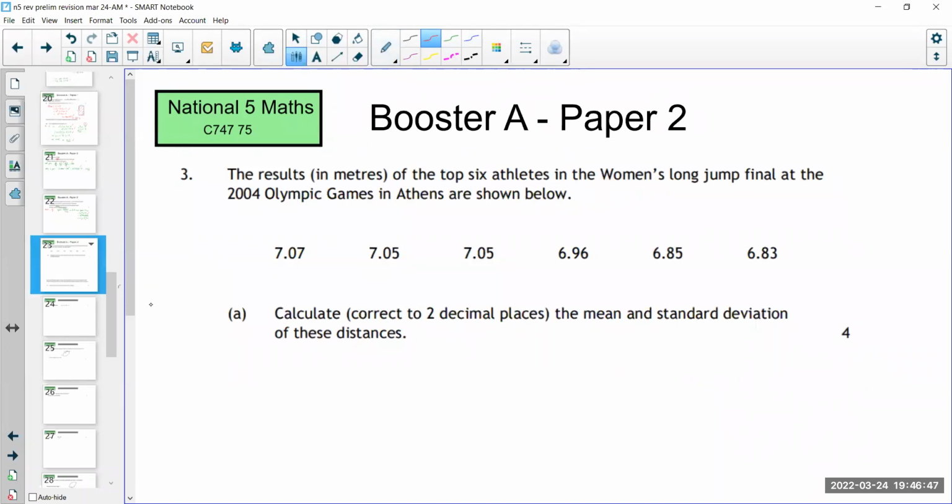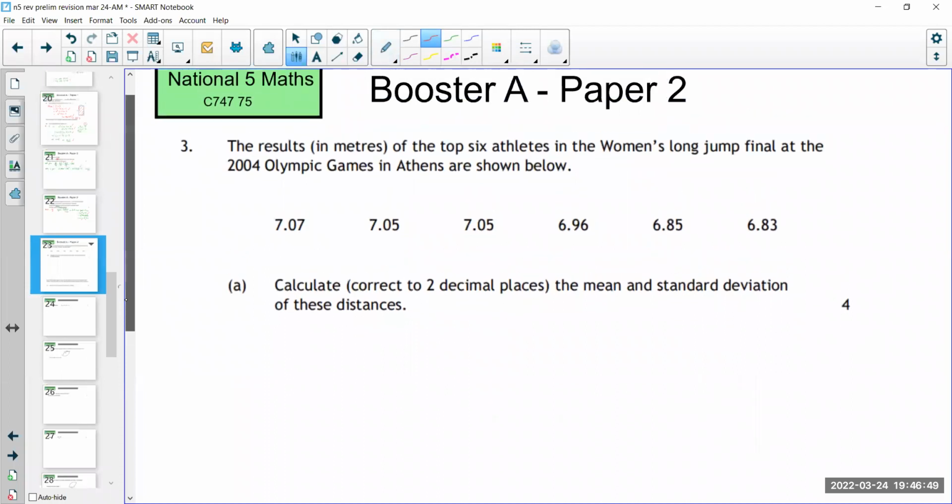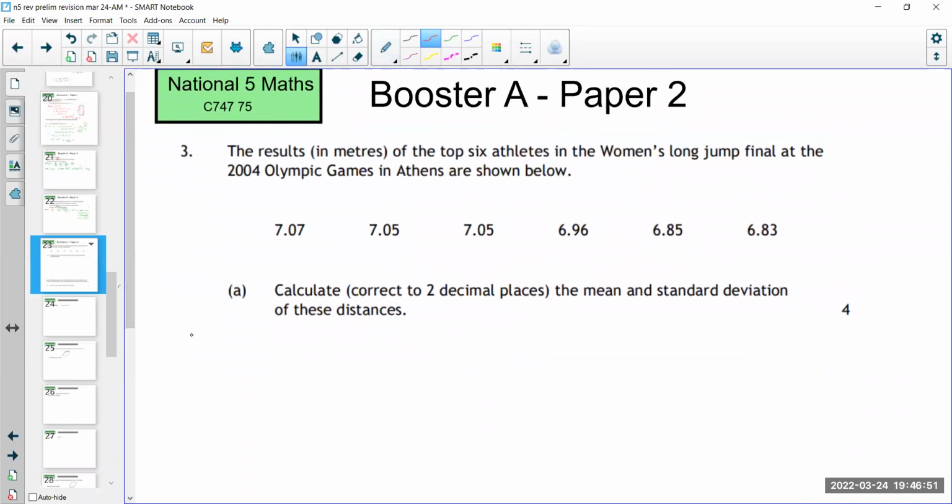This time we've got, calculate to 2 decimal places, the mean. So same as earlier on, for mean, you need to go X. First of all, how many you've got here? We've got 1, 2, 3, 4, 5, 6.